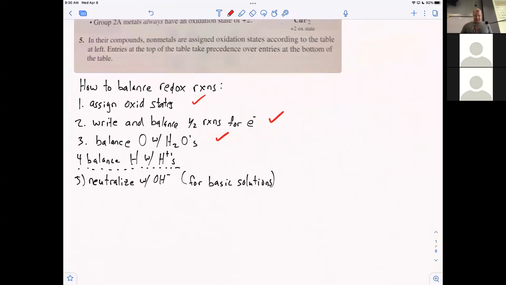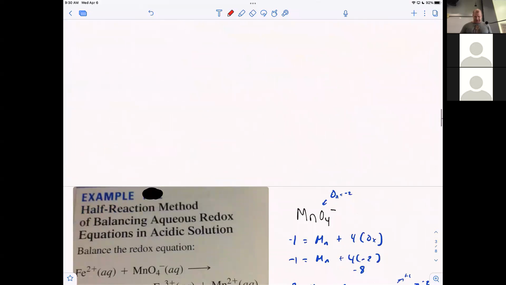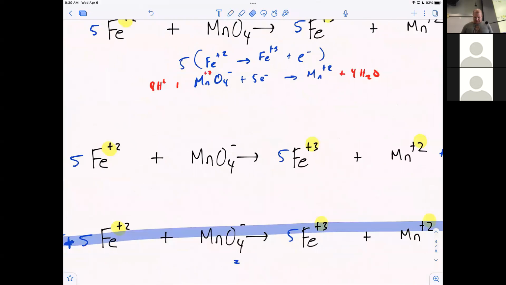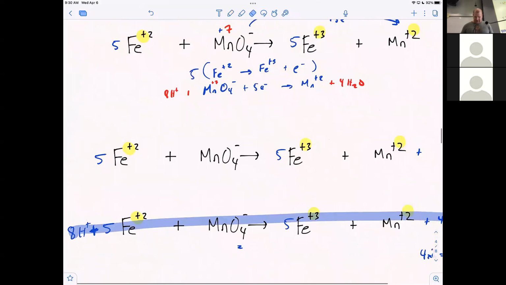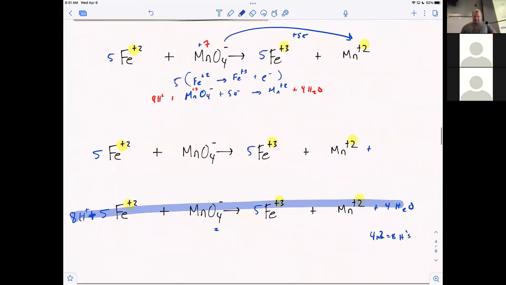Okay. So what we've done here, step by step. Right now in this line, we've done the half reaction. We've balanced the electrons. Now obviously it's not balanced because we have oxygens.